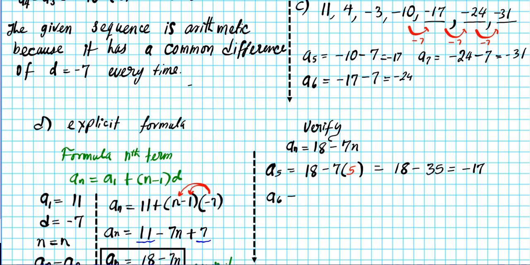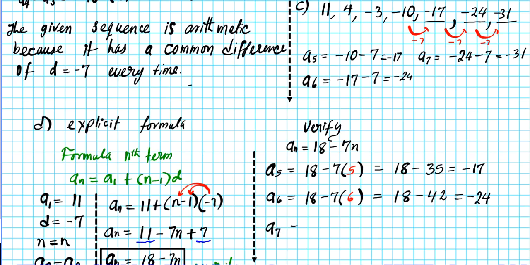For A6, we have 18 minus 7 times n, which is now taking the value of 6, so put 6 here. So it's 18 minus 42. You can subtract this mentally or you can use your calculator. You get negative 24.